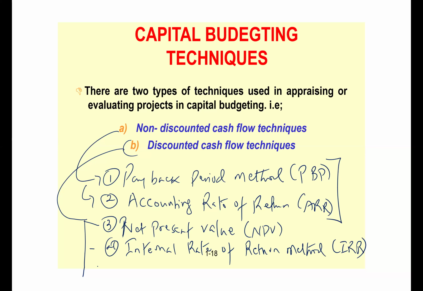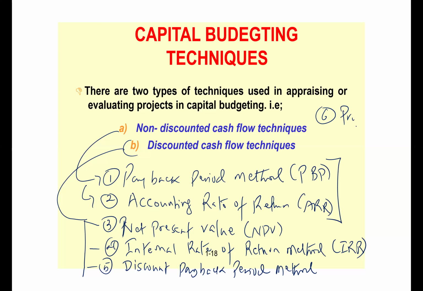Then we shall talk about the discounted payback period method. Then number 6, which I will put around here, is the profitability index method. So that one has 4 of them that we are going to discuss in detail.